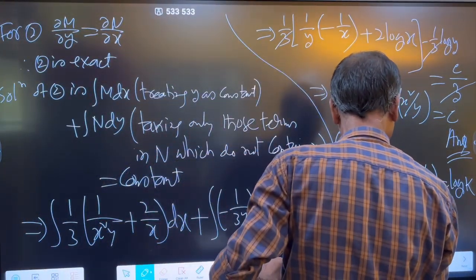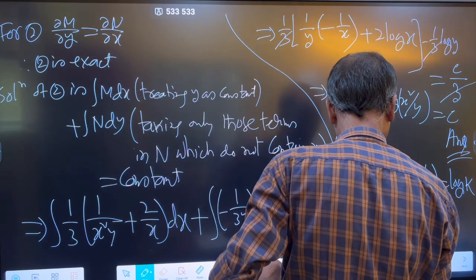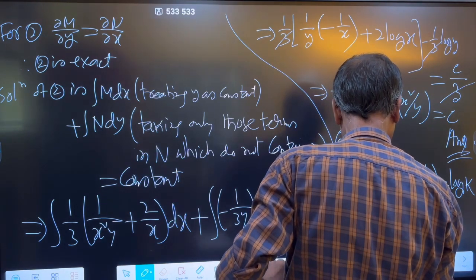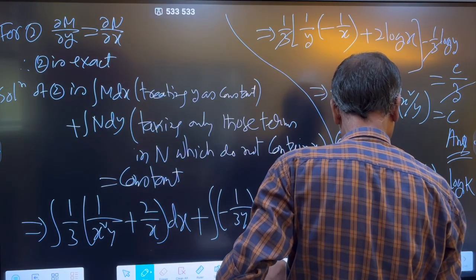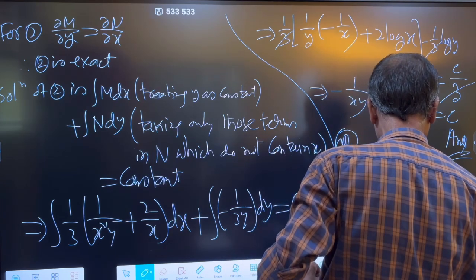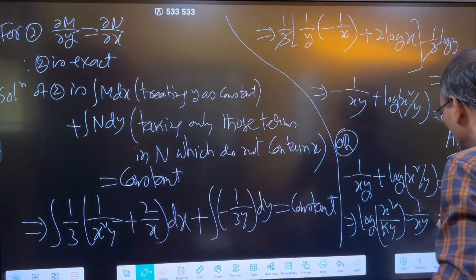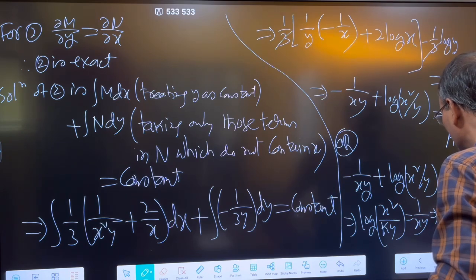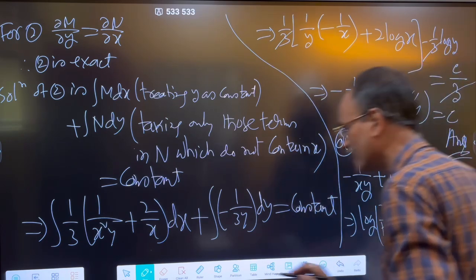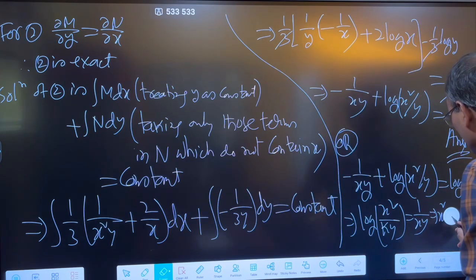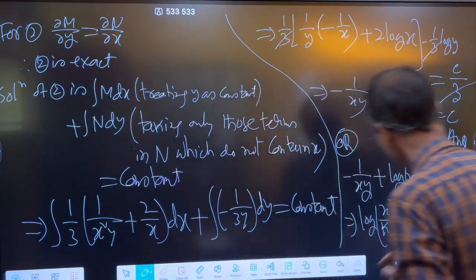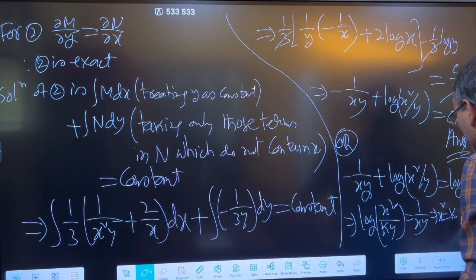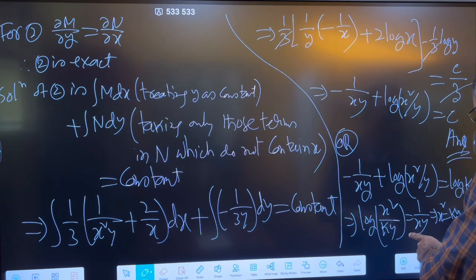You may write log of x square by ky equal to 1 by xy, or x square equals ky e to the power 1 by xy.